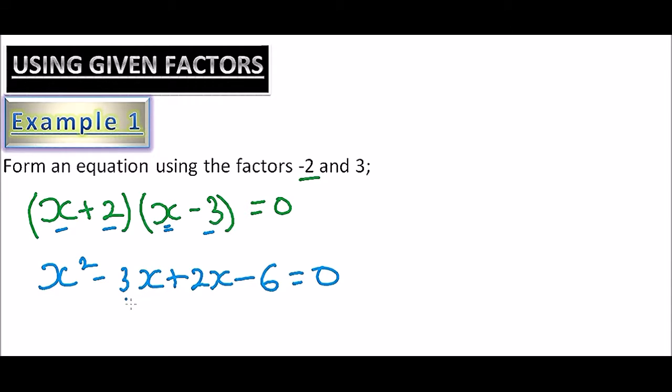So we have minus 3x and plus 2x, then you have x squared minus x minus 6 equals 0. That is how we form a quadratic equation given factors.